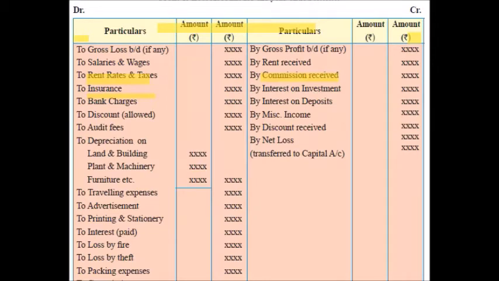When the debit side amount is greater than the credit side amount, we consider it a net loss of the business, and this net loss will transfer to the capital account. So this is the format of the P&L account. Based on this format, we'll solve some problems.